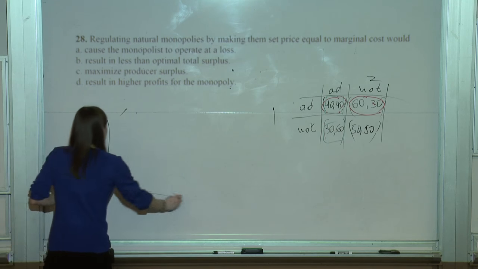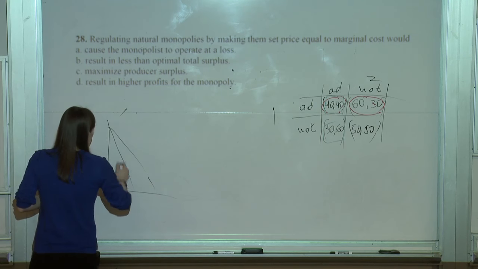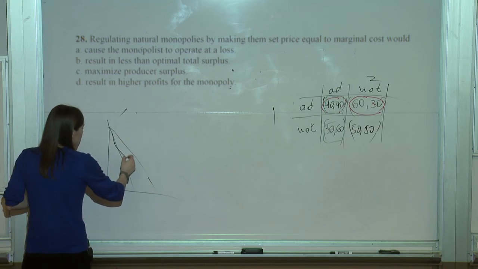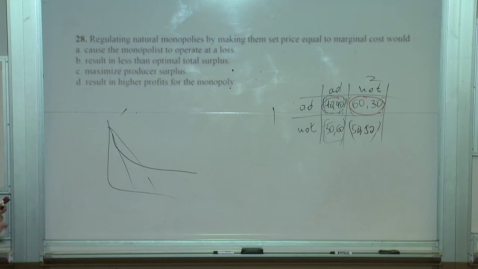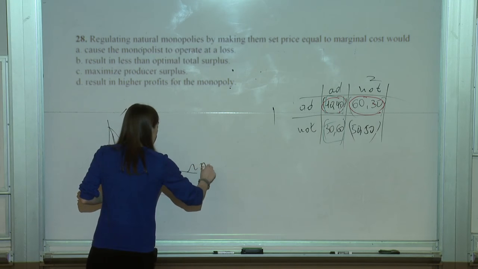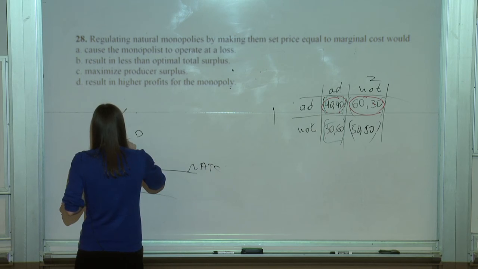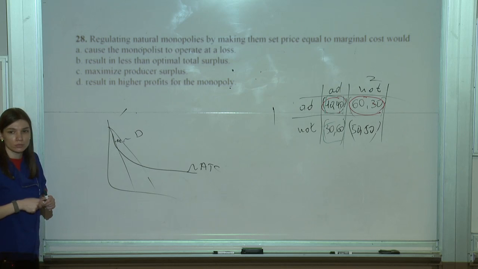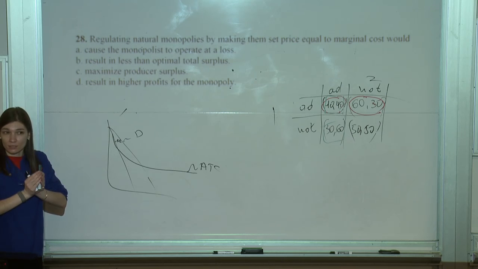All right? So basically what's going on is you have, again, demand, marginal revenue, and so on and so forth, but you have an average total cost that is decreasing. This is average total cost, sorry. This is demand. This is marginal revenue. And how is marginal cost going to look here? We know that marginal cost intersects average total cost at its minimum.